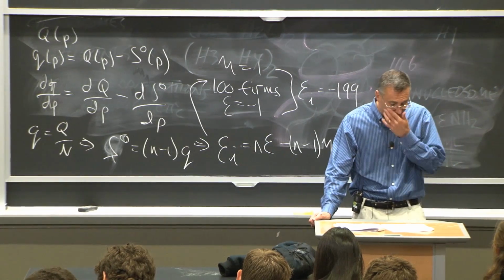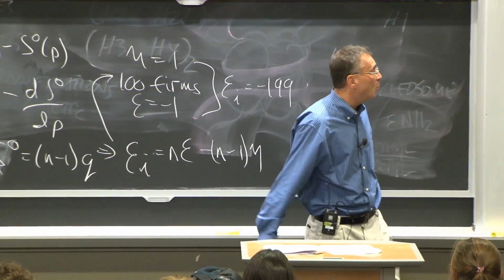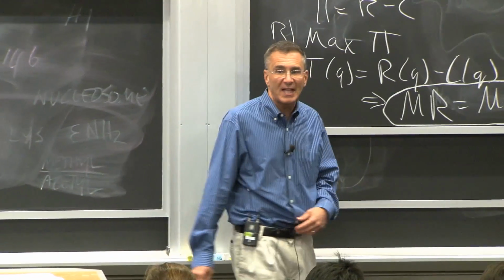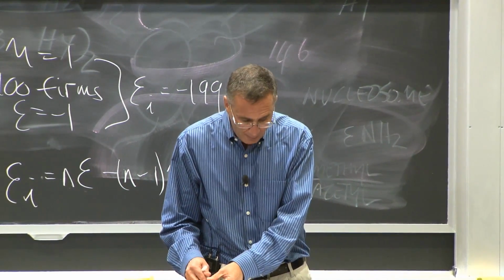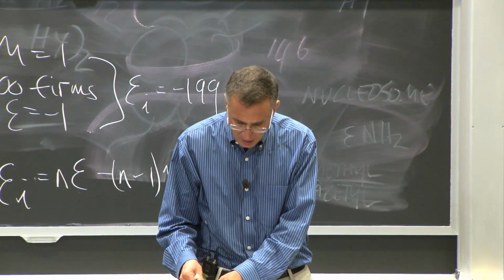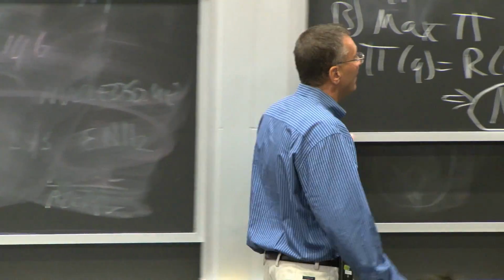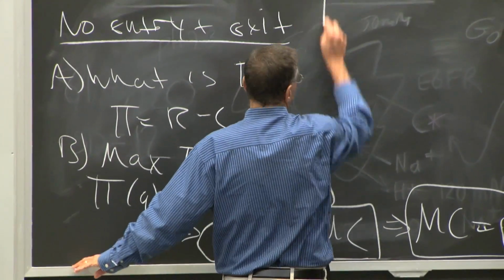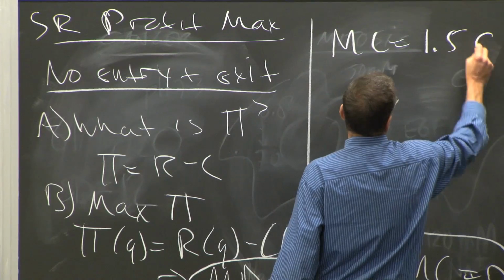Now let's go to the second unit. So now I'm producing 1, and I'm going to produce a second unit. What's the marginal cost of producing that second unit? Well, we can solve for marginal cost by differentiating this equation. Marginal cost here is simply 1.5 q.